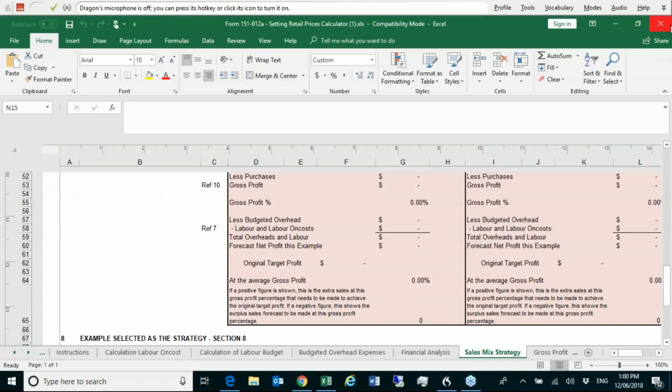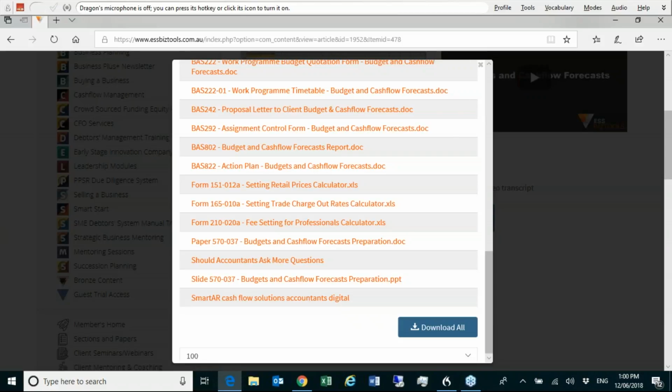So I commend this worksheet to you as being very convenient to utilize, and it will assist you to have a conversation with your client as to the conception that's gone into establishing their charge out rates or their retail profit determinations for the product mix.